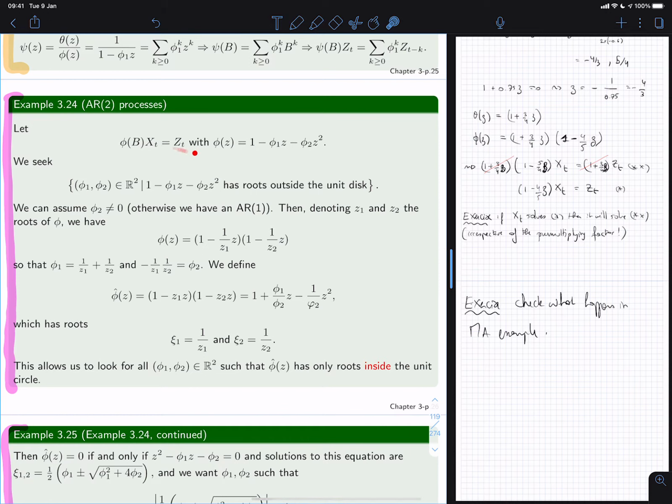The idea is to look at what happens in the case of an AR2 process. So instead of having only order 1 in your AR polynomial, you have order 2. What happens? Well, it's going to depend on the roots of this second degree polynomial.